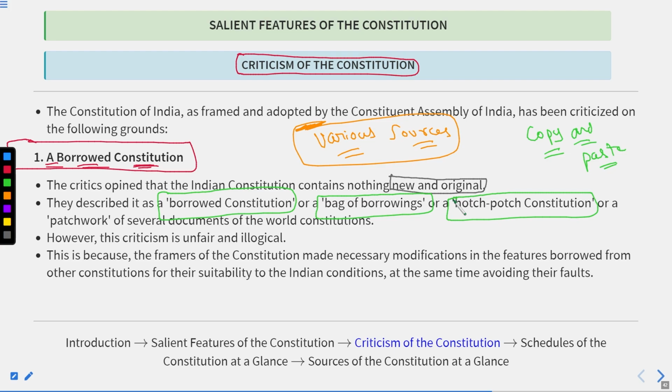However, the criticism is unfair and illogical. Why? This is because the framers of the constitution made necessary modifications in the features borrowed from other constitutions for their suitability to Indian conditions, at the same time avoiding their faults.